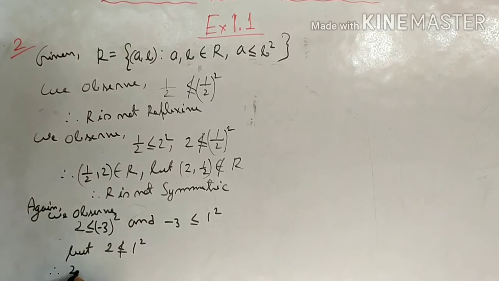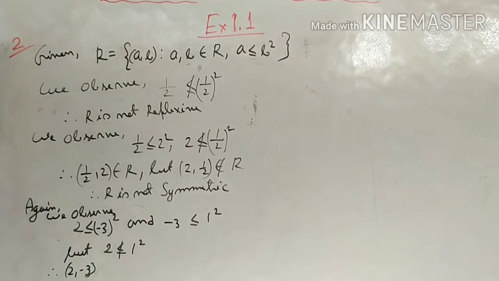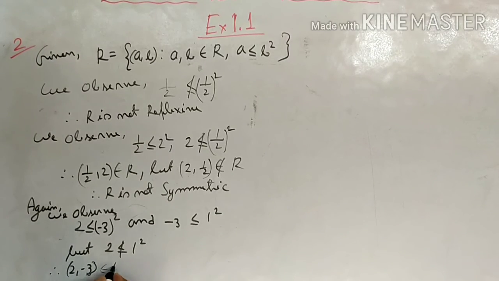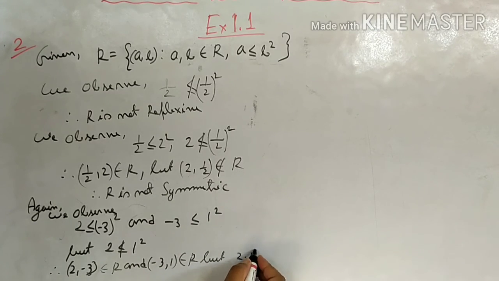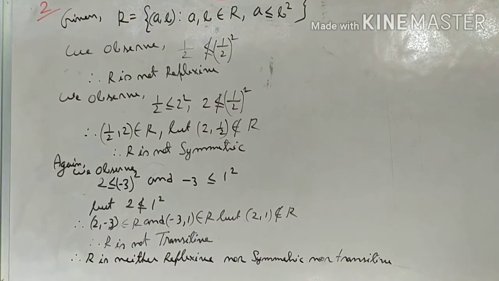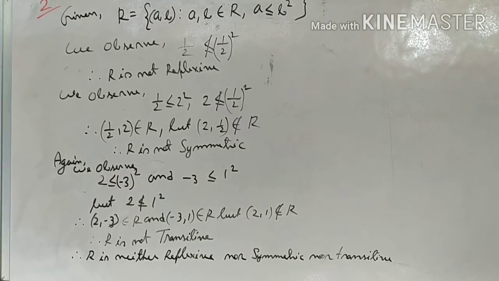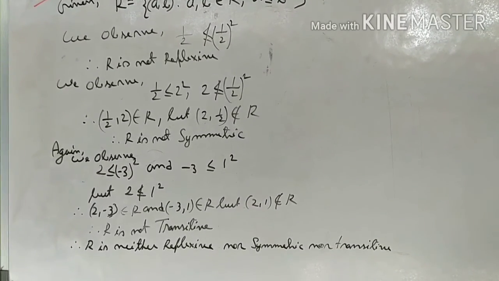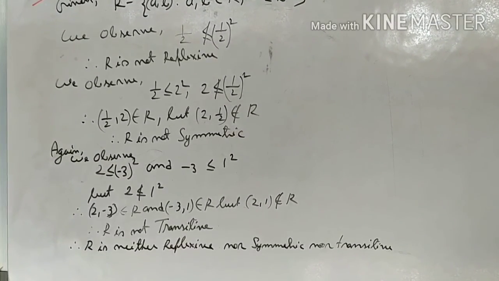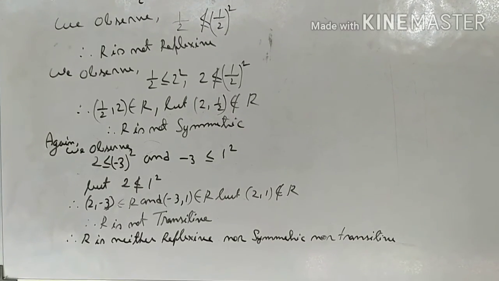Therefore what? Since (2, minus 3) belongs to R and (minus 3, 1) belongs to R, but (2, 1) does not belong to R. Therefore what? R is not transitive. Therefore R is neither reflexive nor symmetric nor transitive.